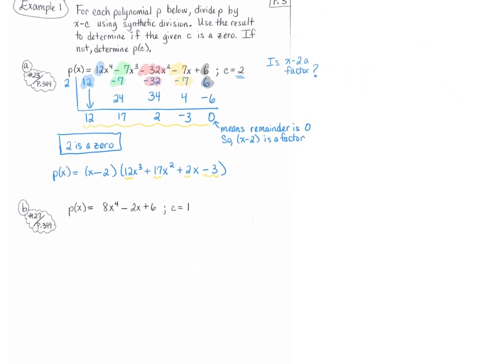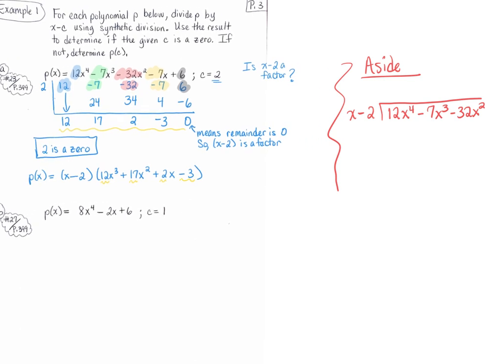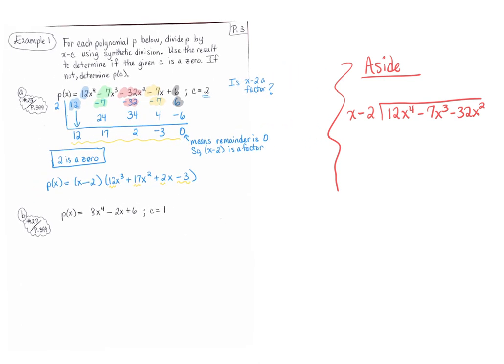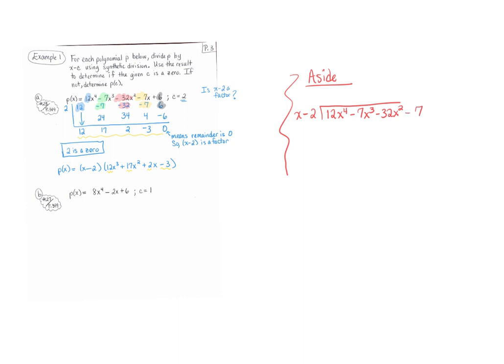So on the side, just extra information. Synthetic division is a shortcut for polynomial long division. So in other words, you have x minus 2 dividing into 12x to the 4th minus 7x cubed minus 32x squared minus 7x plus 6.